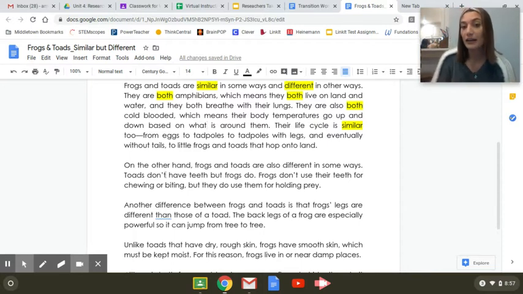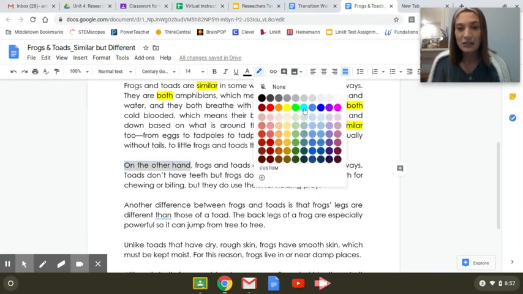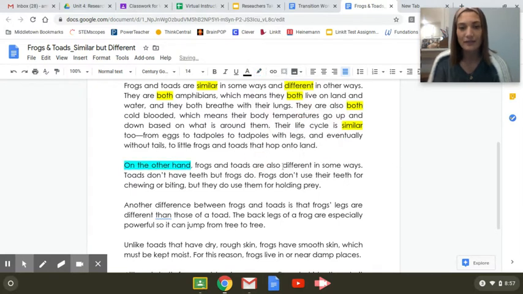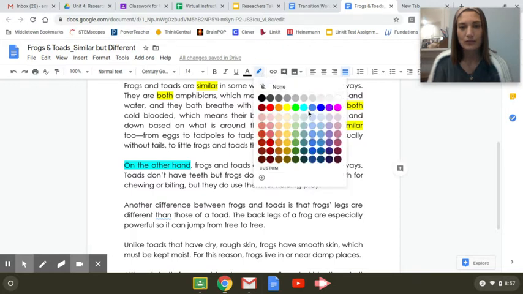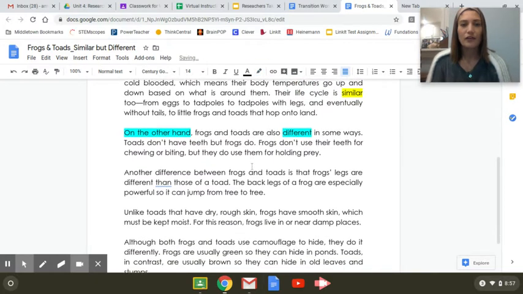On the other hand, frogs and toads are also different in some ways. Ooh, look, some more signal words. On the other hand, that means they're going to be talking about how they're different. Again, some more keywords. Toads don't have teeth, but frogs do. Frogs don't use their teeth for chewing or biting, but they do use them for holding prey.